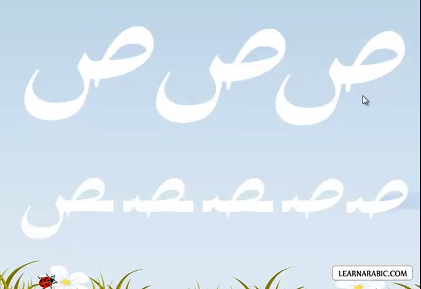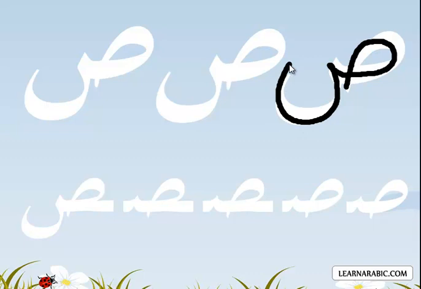Next we have the letter sad, and this resembles the previous two, except that the beginning part of the letter has a type of loop like this.